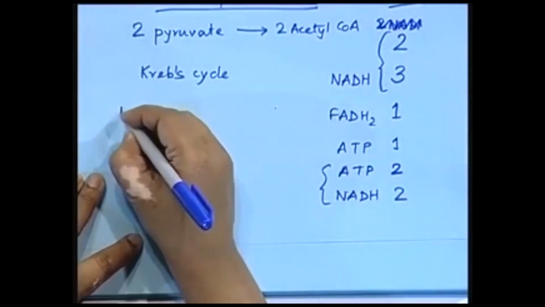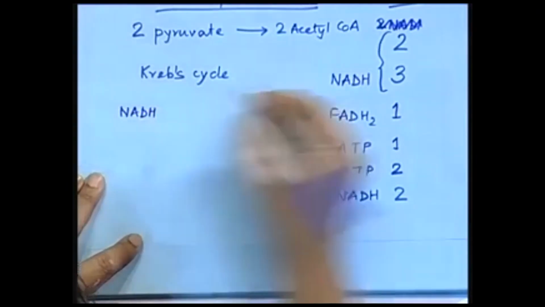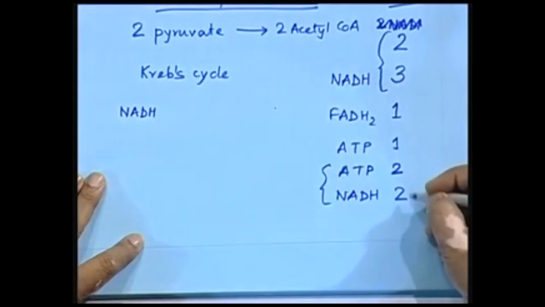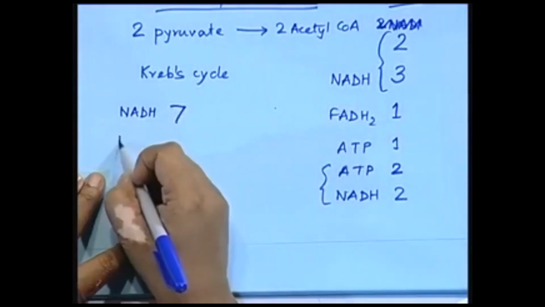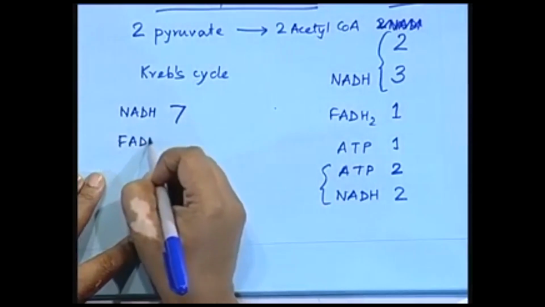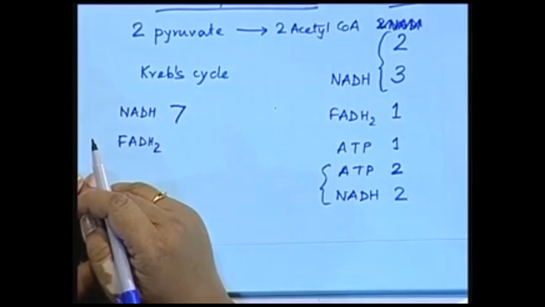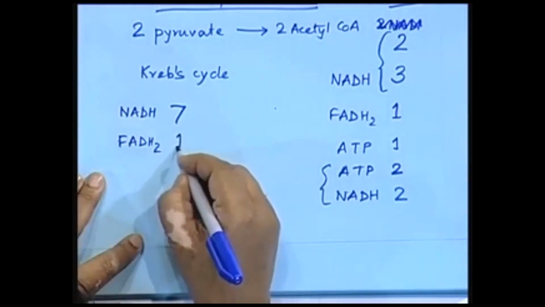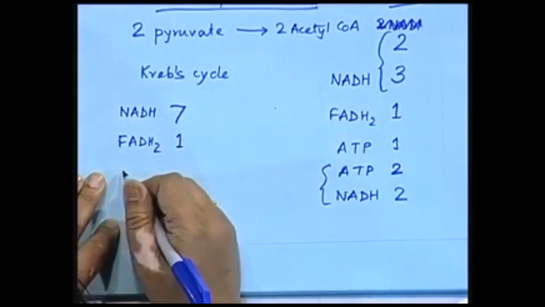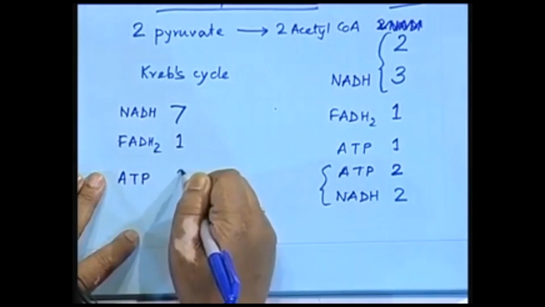So NADH I have 5, and 2, 7. FADH2 I have 1, ATP I have 3.